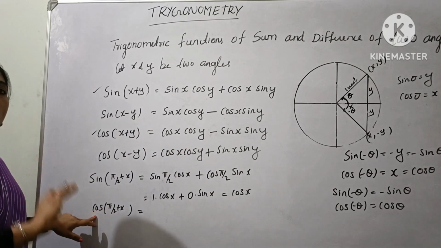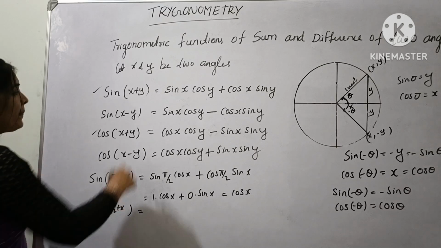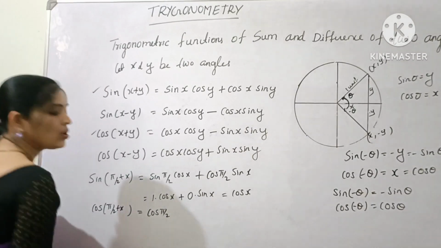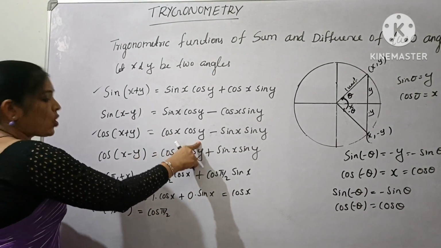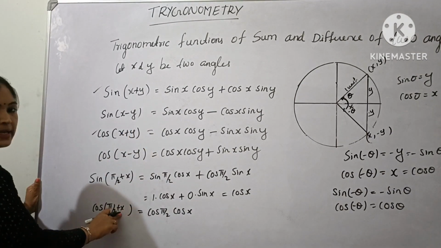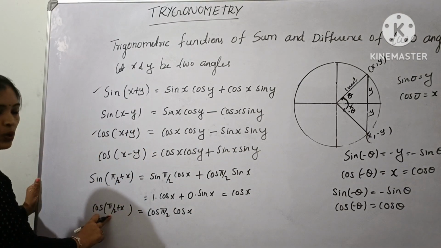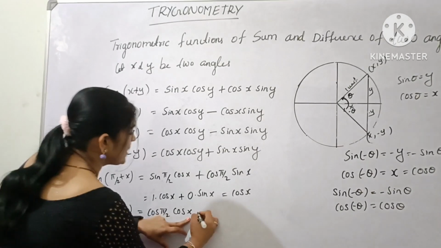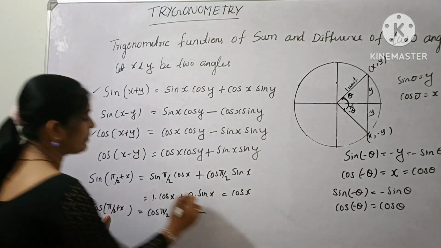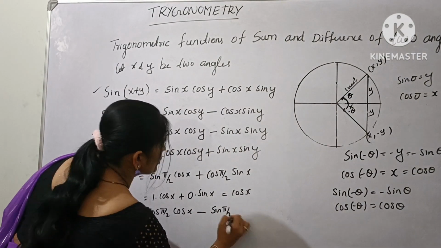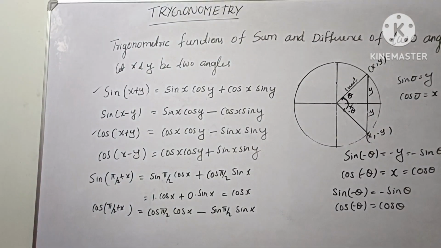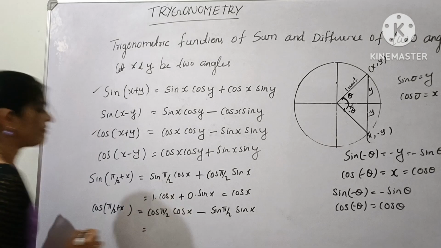Here it is of the form cos of x plus y, so apply this formula: cos pi by 2 cos x, in place of x, pi by 2, in place of y, x, then minus sin pi by 2 sin x. Then substitute the values.